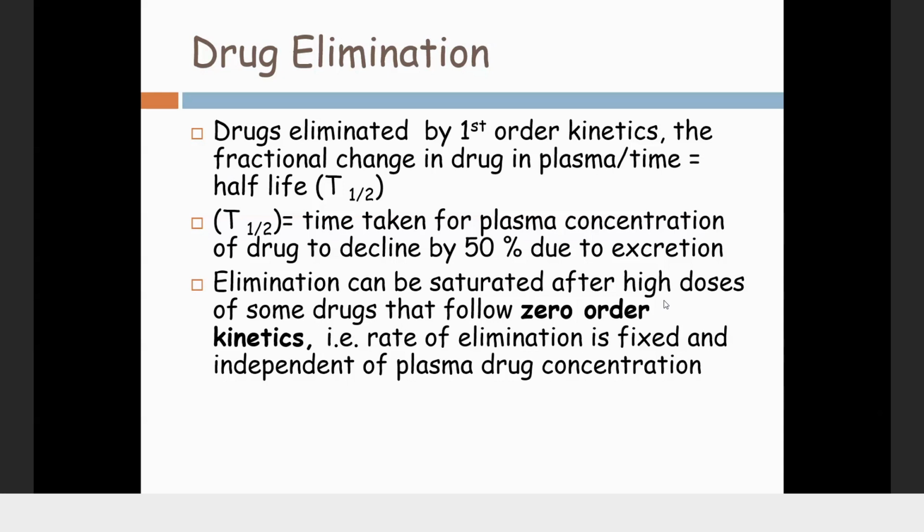No matter how high the plasma concentration, the rate of elimination is fixed. Whereas in first order kinetics, high concentration means high rate of elimination. But in zero order, whether it's high or low, it doesn't matter. The rate of elimination is fixed.